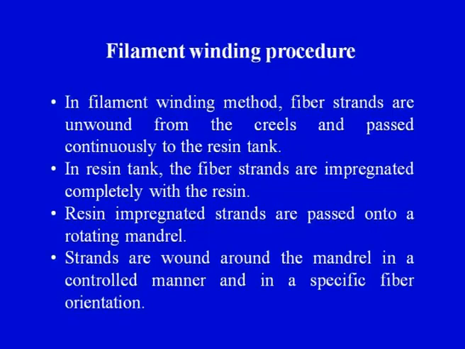Now, in the filament winding process, fiber strands are unwound from the creels and passed continuously to the resin tank. Let us first see theoretically how the process takes place, and then we will try to understand it with the help of a diagram.